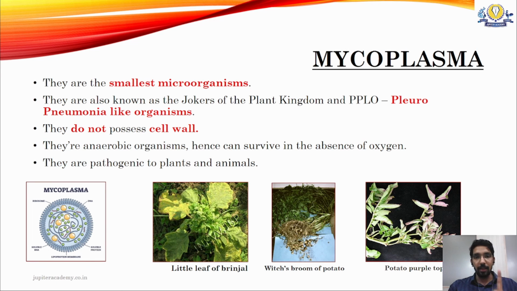They contain only one genus, Mycoplasma, and several species infecting different organisms. We have little leaf of brinjal, broom of potato, and purple top of potato. In humans, Mycoplasma infection can also lead to miscarriage.